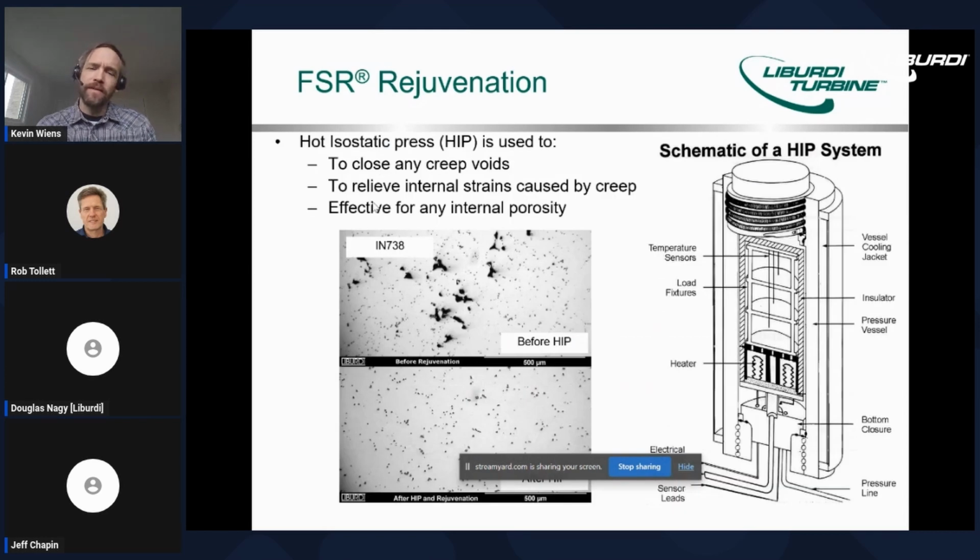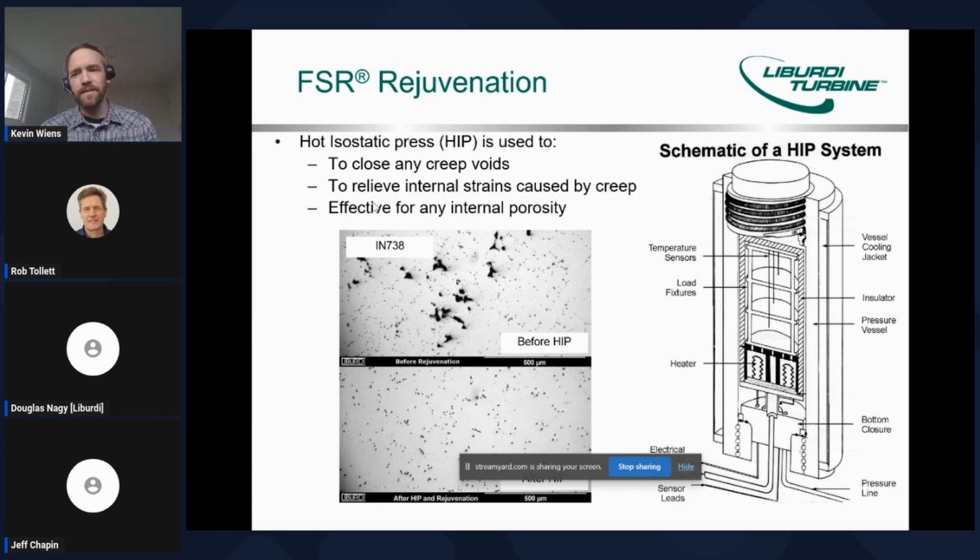Another key component of the full solution rejuvenation process is hot isostatic pressing. It's a heat treatment that also involves high pressures, and that allows for collapsing of any internal voids in the material. This is sometimes done at manufacture, actually, as a means for consolidating casting porosity.